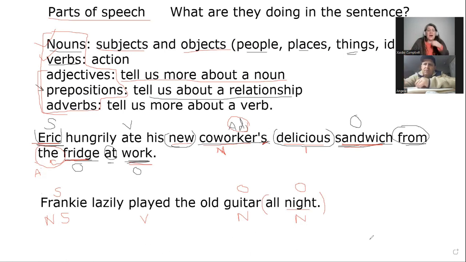Now we found the verbs, we found the nouns. Can you find any adjectives? Old is an adjective, right? I'm going to put ADJ for it. That's an adjective, and it's modifying guitar, right?